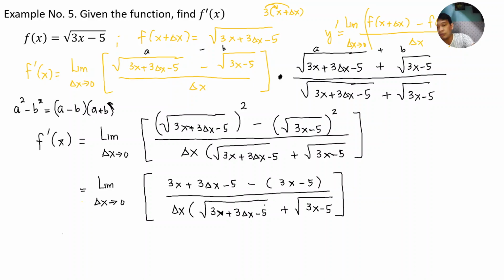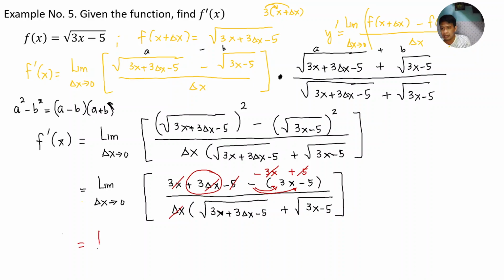Simplifying further the numerator, when we distribute the negative again, it becomes negative 3x plus 5. So distributing this negative sign to each of the terms inside the parenthesis. That 3x cancels out with negative 3x. That negative 5 cancels out with positive 5. Giving us 3 on your numerator. And since it is divided by delta x, that delta x cancels out.